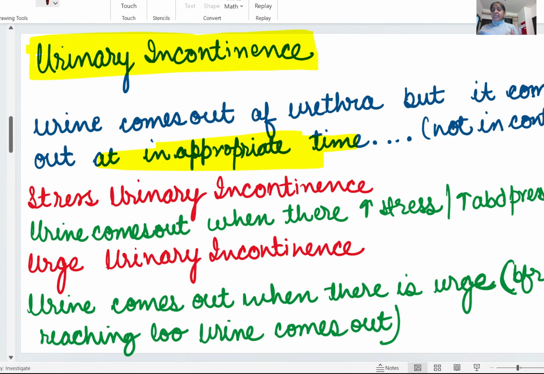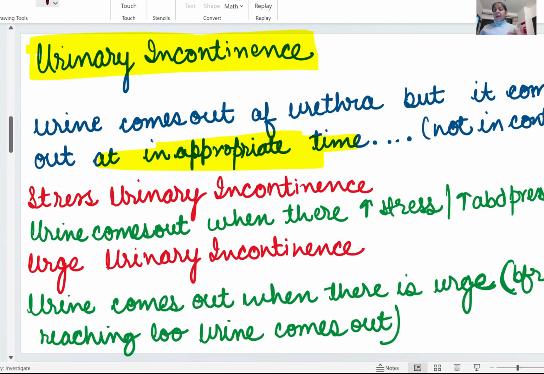What is urge urinary incontinence? When a patient has the urge, we can normally control our urine till we go to the loo. If the patient is not able to control the urine and with the urge the urine leaks out, then it is known as urge urinary incontinence.